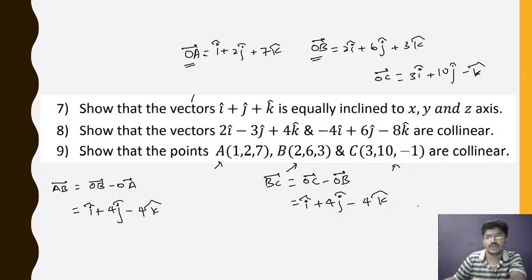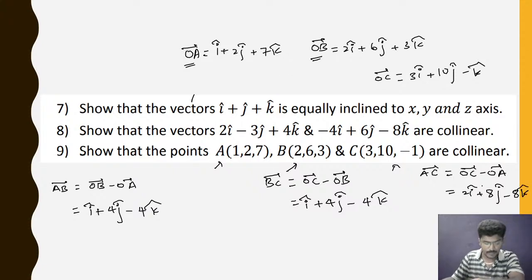Now you have to find AC vector, OC minus OA: 3i cap minus I cap is 2i cap, 10j cap minus 2j cap is 8j cap, minus k cap minus 7k cap is minus 8k cap.